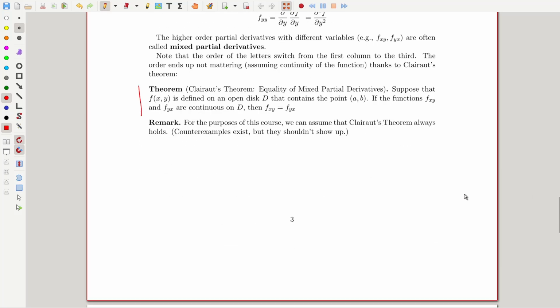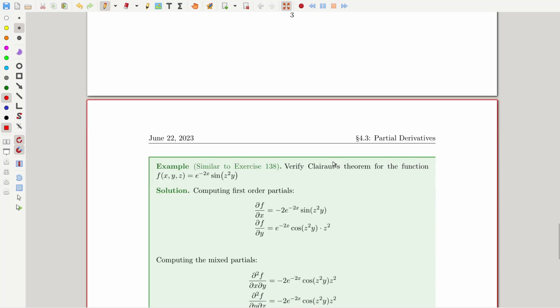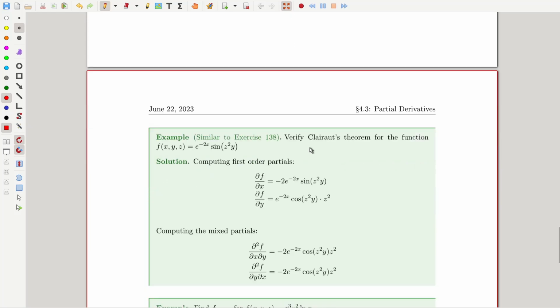Although, I do treat one of these problems as though that's not the case, just to verify. I think I didn't modify your problem too much from this point. I think your problem was also of this nature, more or less, of verifying Clairaut's. I don't remember exactly.